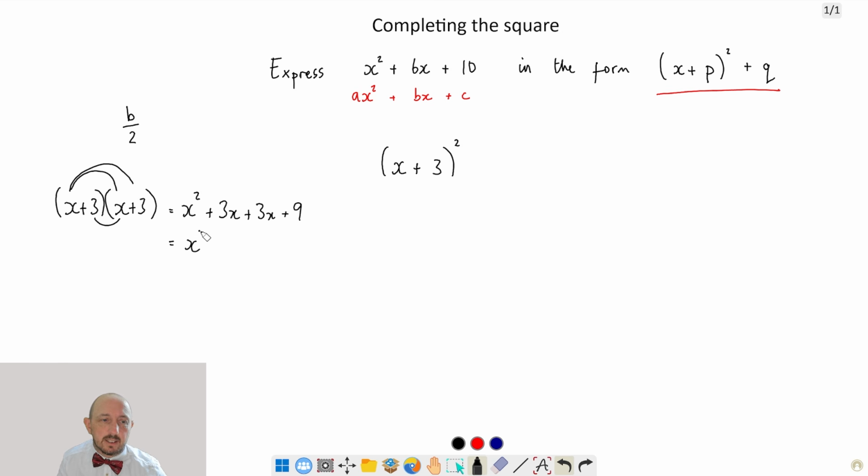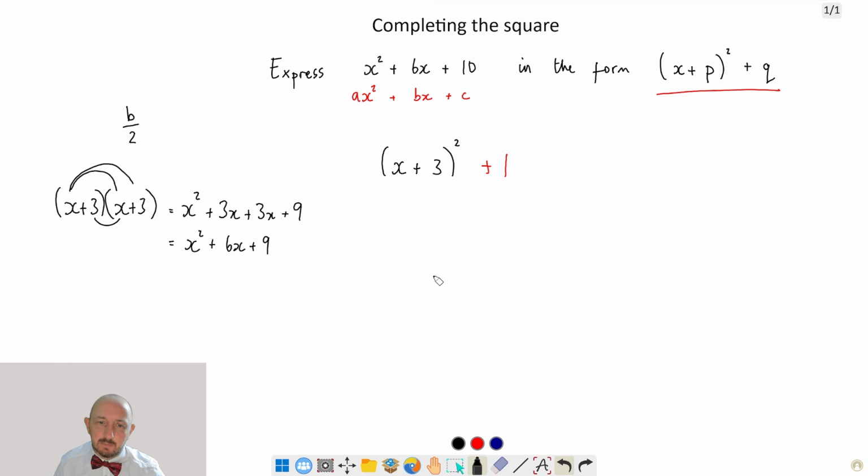When I tidy this up, x squared plus 6x plus 9, we can see that the double brackets have almost given us what we want in the question, x squared plus 6x plus 10. This is very slightly out. We actually need 10, so we just have to add an extra 1.